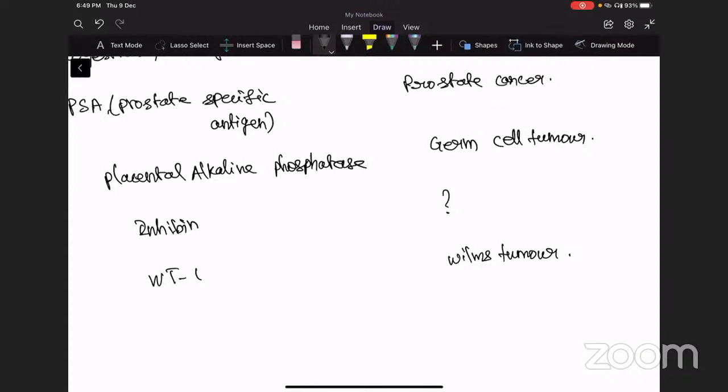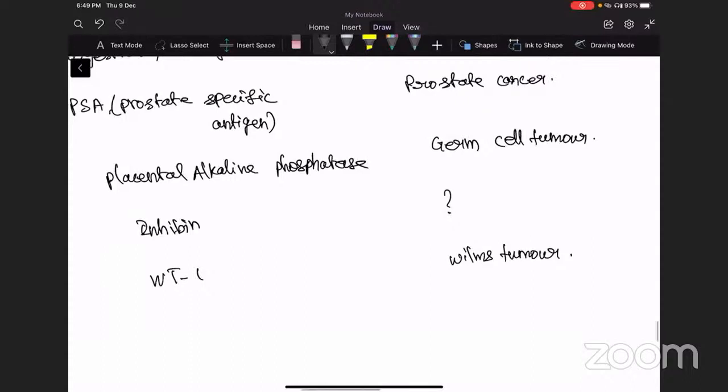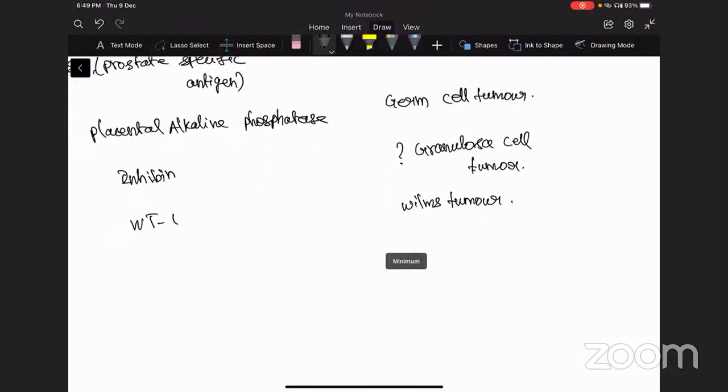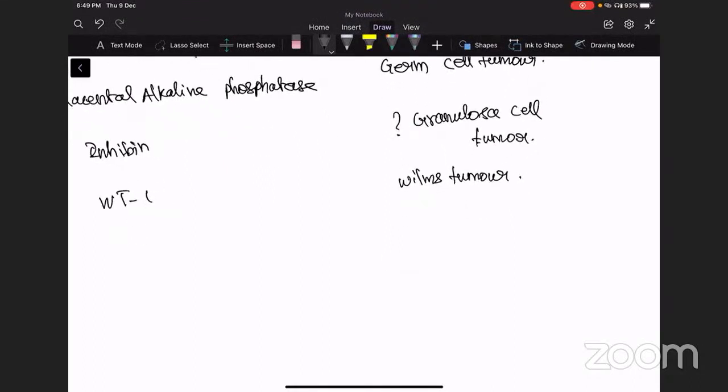Inhibin, yes, inhibin. Okay, correct, Sampath Jojo. What about inhibin? Inhibin is the marker for granulosa cell tumor. No, not ovarian cancer. Okay, but be specific. It is granulosa cell tumor.